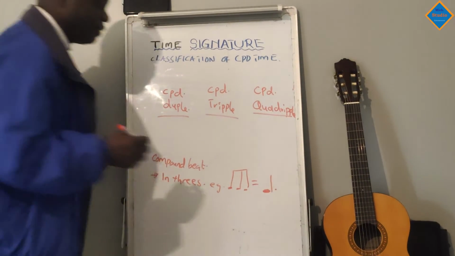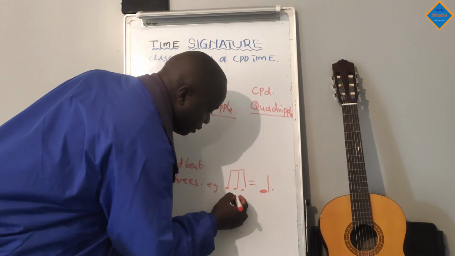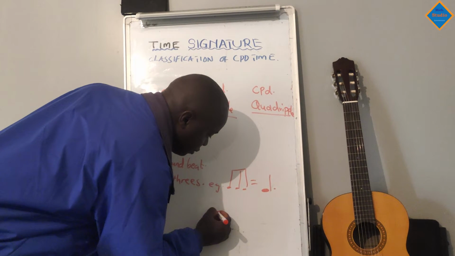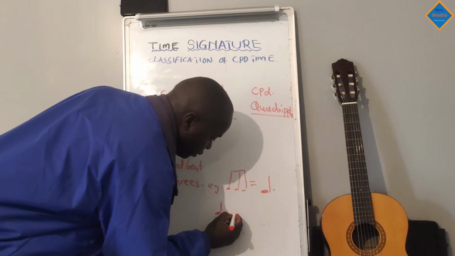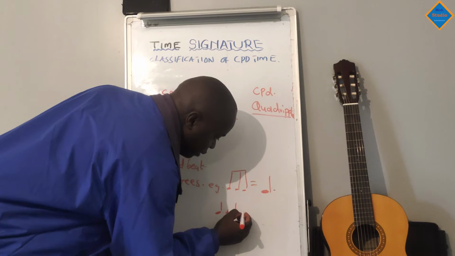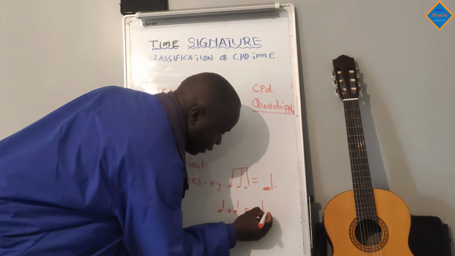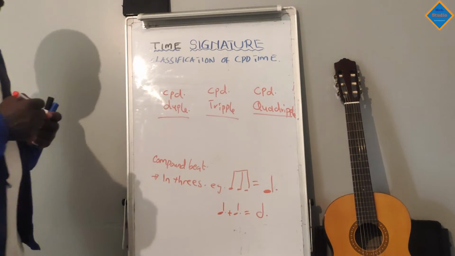Using your mathematics, you will discover that two dotted crotchets make one dotted minim.